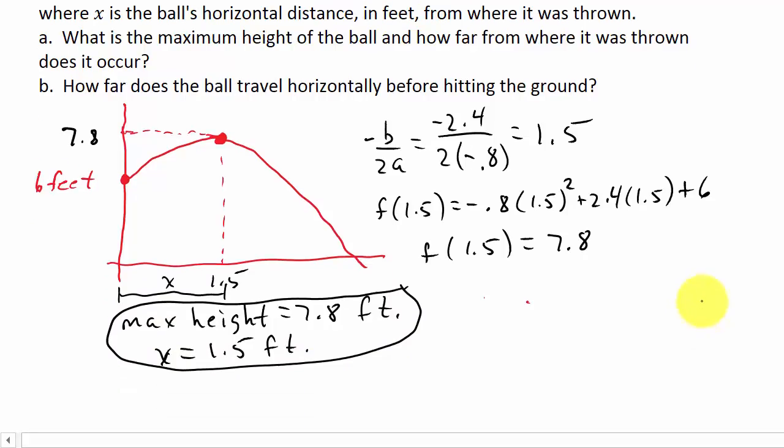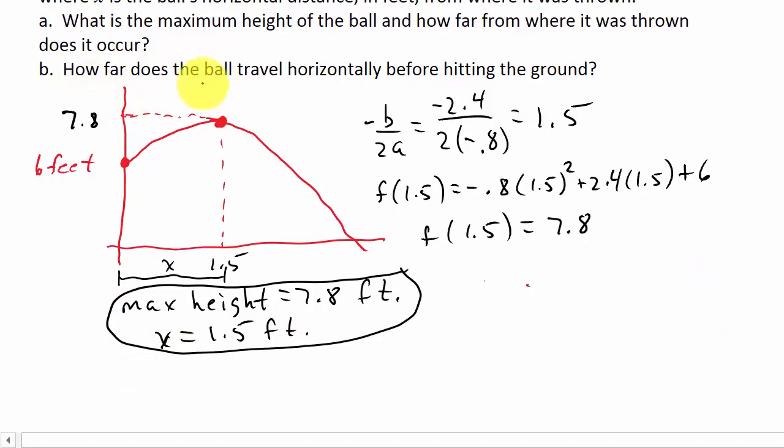Alright, so now it wants to know how far the ball travels horizontally before hitting the ground. Well, here's where it hits the ground. So we need to know the distance from here to here. Basically what we want to know is where our function equals 0, because this is a y value of 0 here.